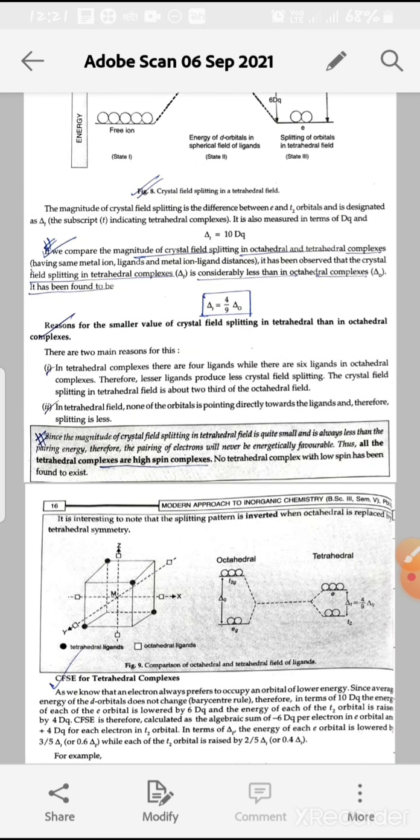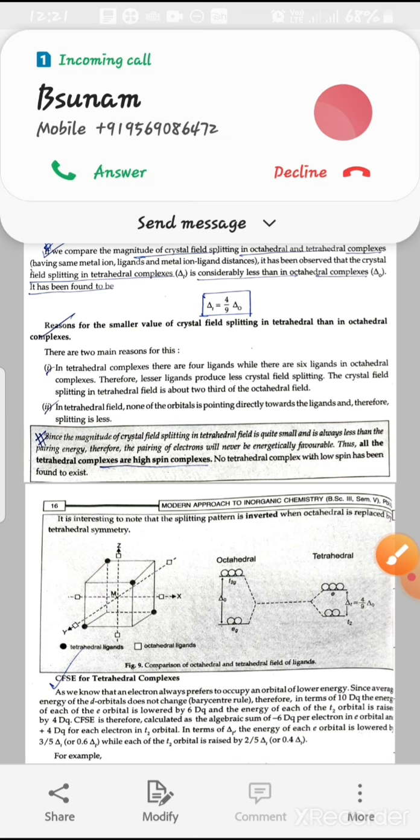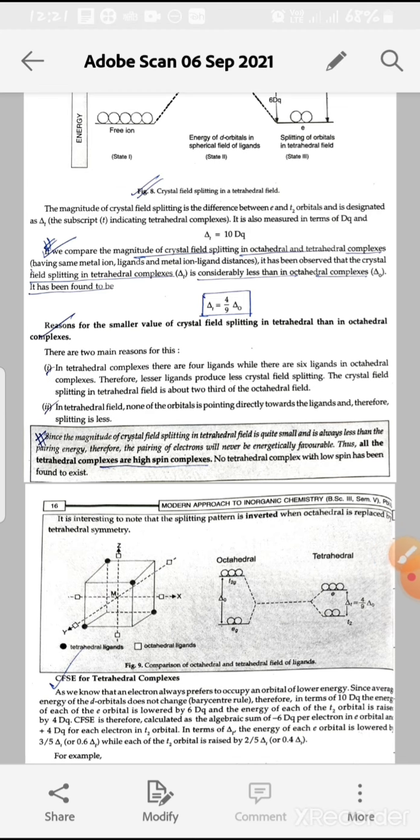Next question is, delta T value is equal to 4 by 9 delta O. In this, the crystal field splitting in tetrahedral complex is less than the octahedral complexes. Question is, the reason for the smaller crystal field splitting in tetrahedral than in octahedral complexes.